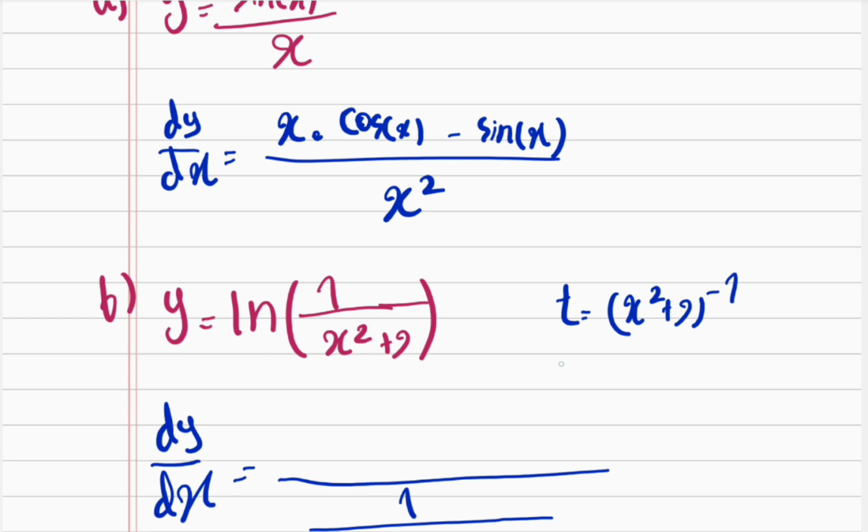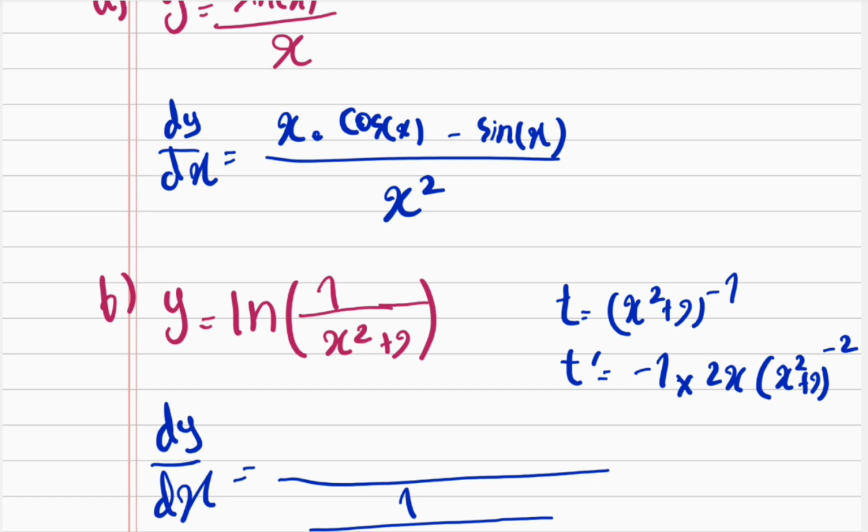Okay, now we want to find t dash. It's just a chain rule, right? The power comes down that times by the derivative of inside. So x squared plus 9 differentiates to 2x, and then we just write the bracket but with power minus 1, which is going to be minus 2.